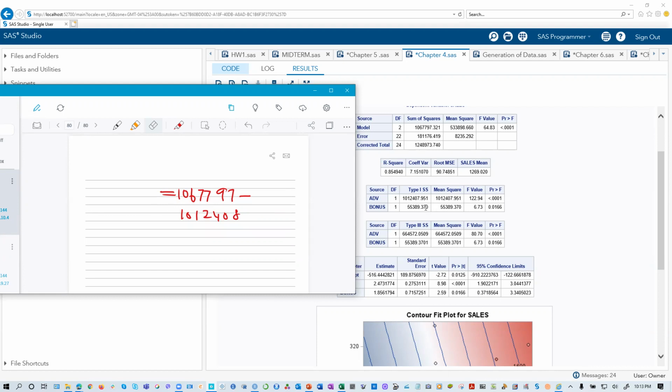Forget about the decimal. 55,389. See, you got that. That's what I'm trying to say.